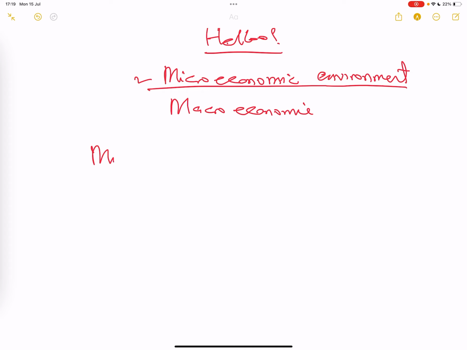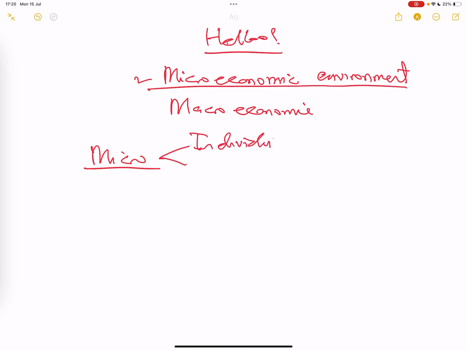And the summary is, why is it called micro? I'm sure you know micro means small, and macro is slightly bigger. Small in the sense that the coverage is not as wide as what macro covers. So micro only covers individuals.